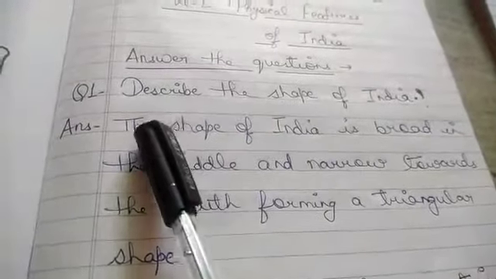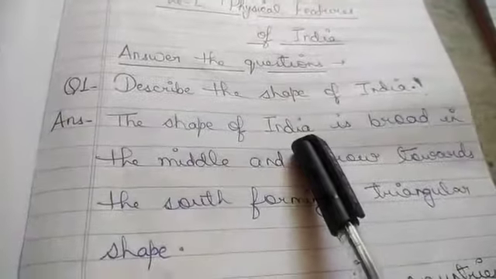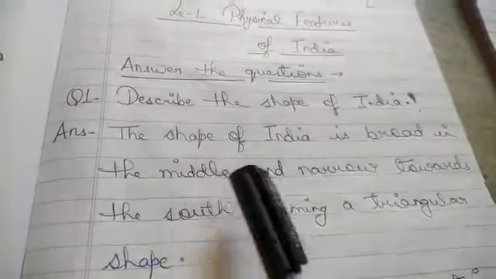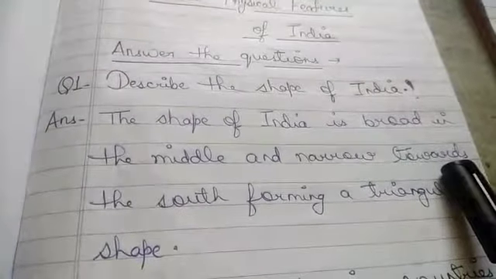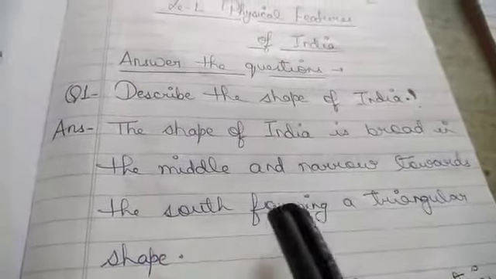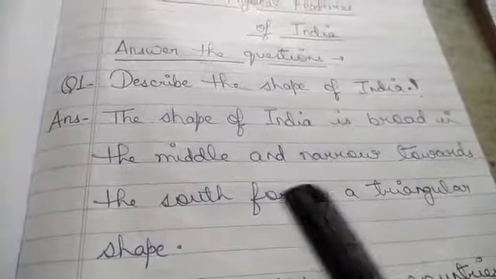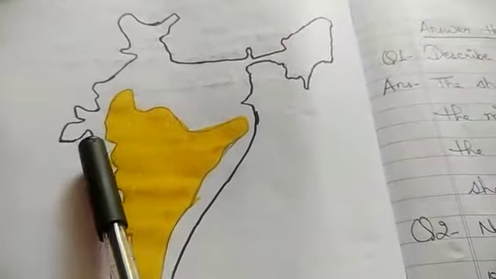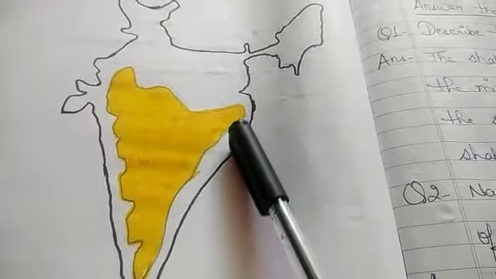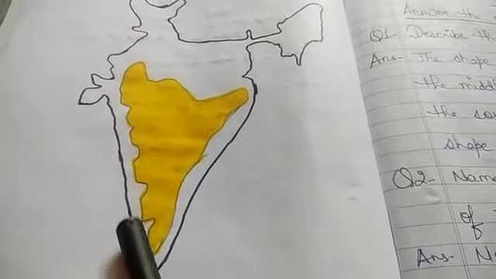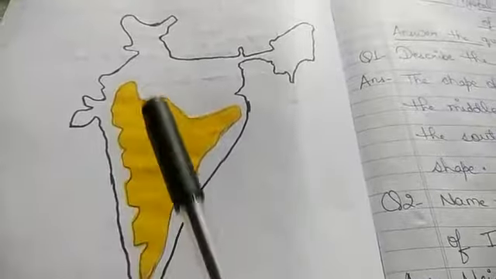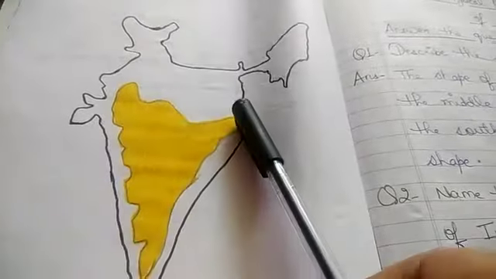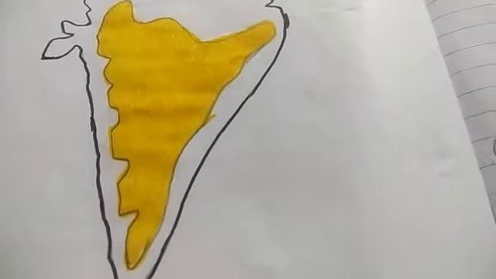See again, in the middle it is broad and as you come towards the south it becomes narrow. So from here to here it takes the shape of a triangle. You can see clearly, children.